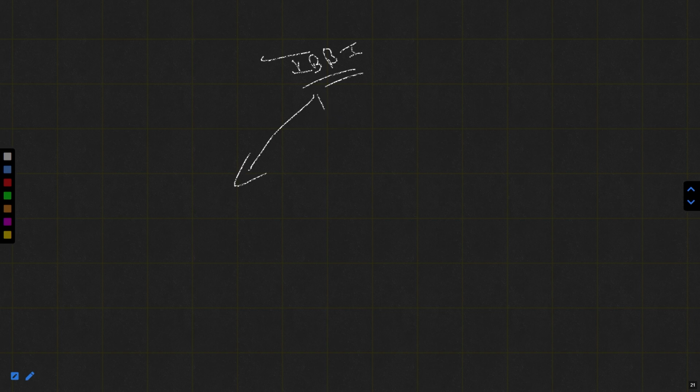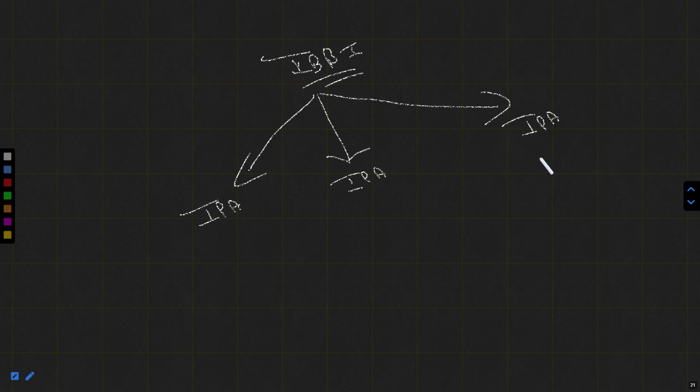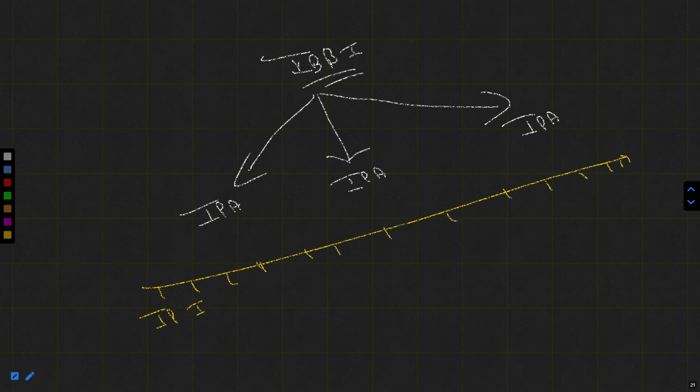Thereafter, there are 3 IPAs, and thereafter many IPs. IP, IP, IP, IP, and so many IPs are there.